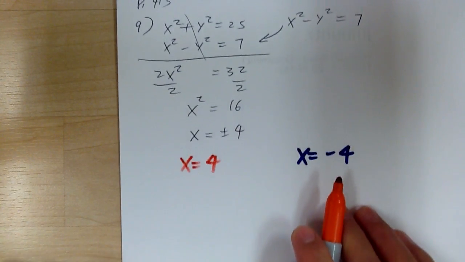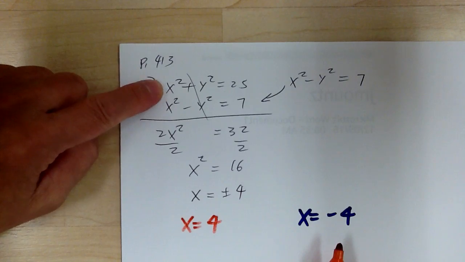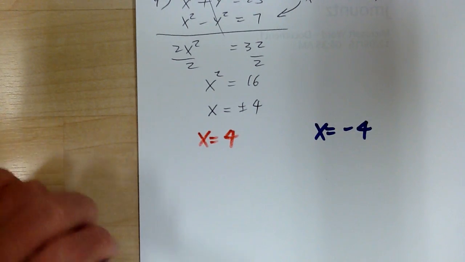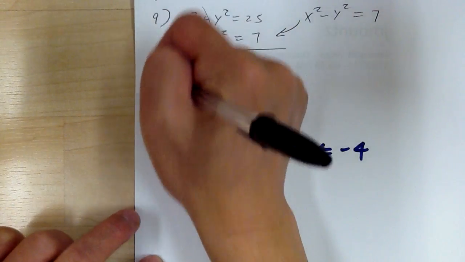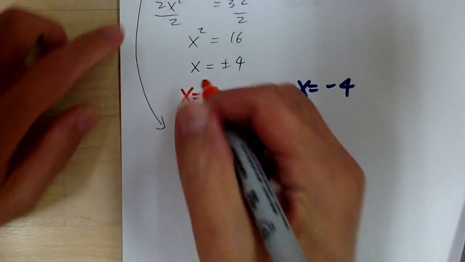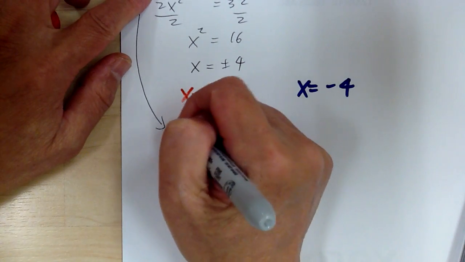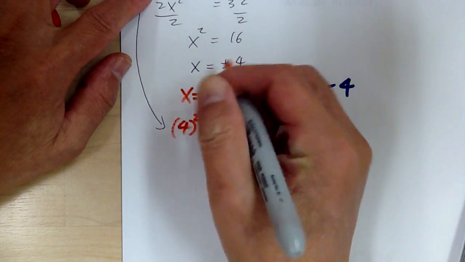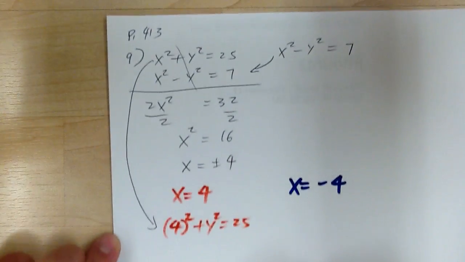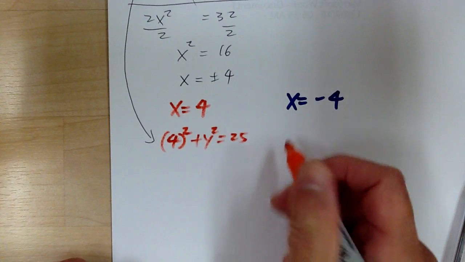Okay, so now I'm going to use this equation. I don't like the subtraction, so I'm going to use this equation over here to solve. So I get 4 squared plus y squared equal to 25. Again, I'm using this equation over here.